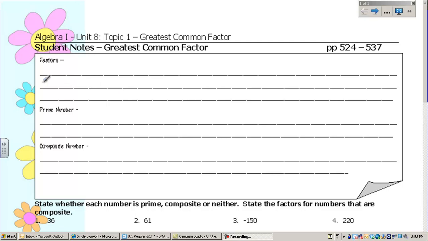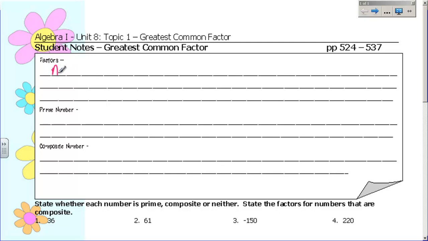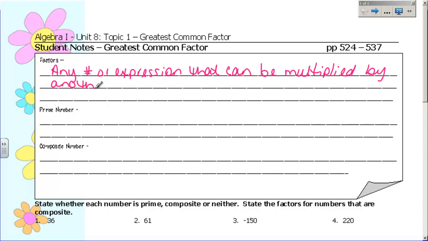Definitions first. Factors of anything are any number or expression that can be multiplied by another number or expression to get a product.